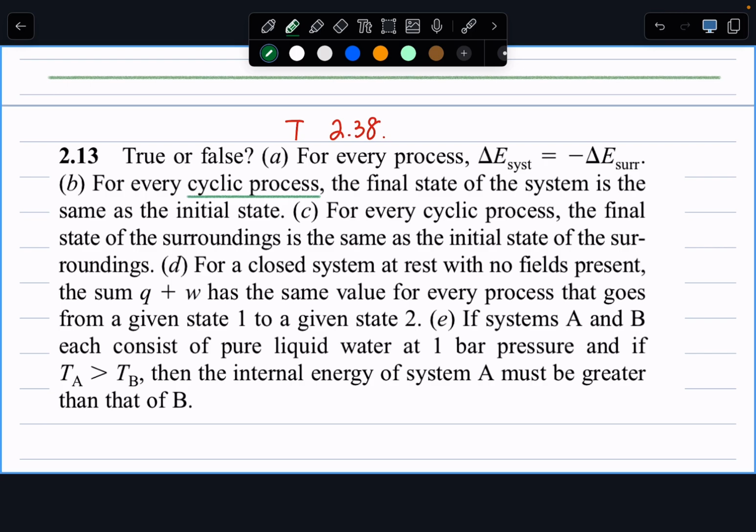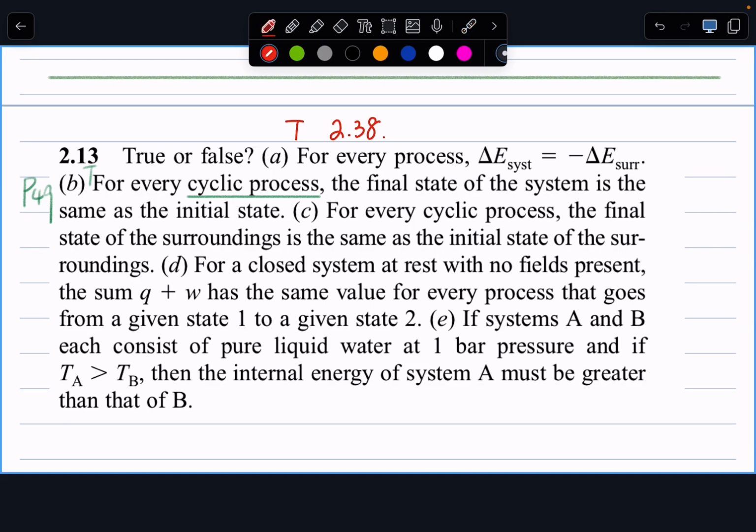So for a cyclic process, this is also on the bottom of page 49. By definition, for a cyclic process, the final state and the initial state of the system must be the same. All right, so caring about the system, it is defined to be the same. So this one is also true.